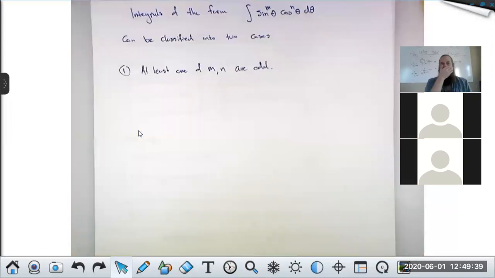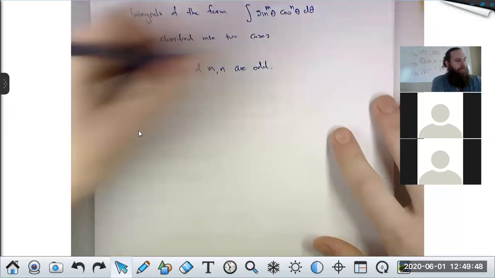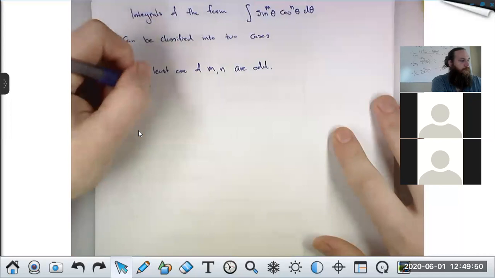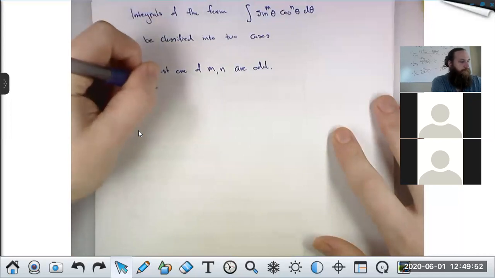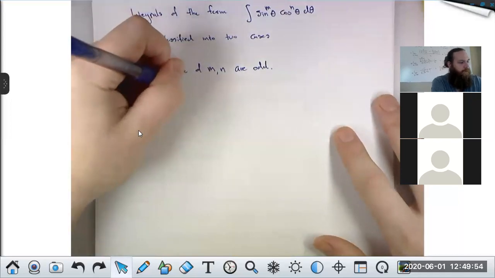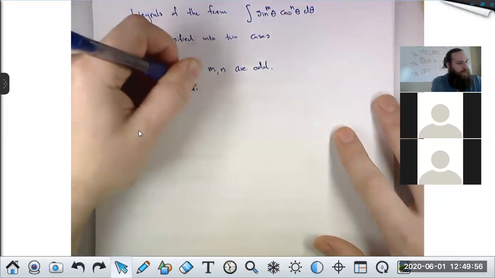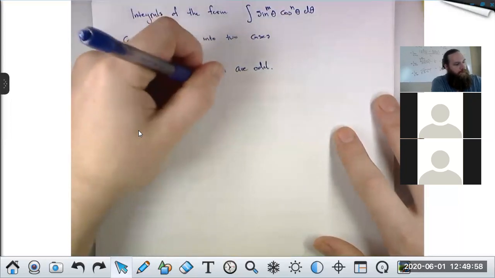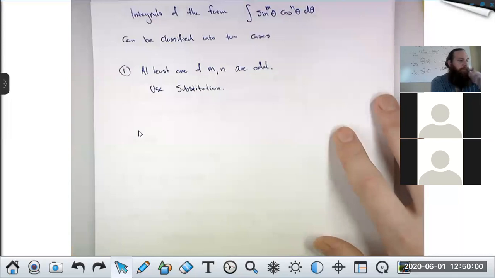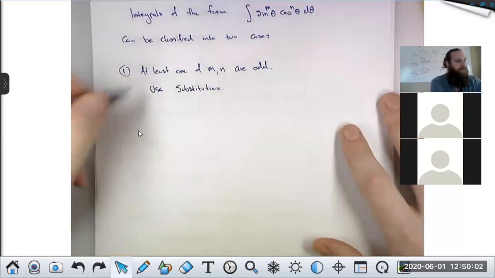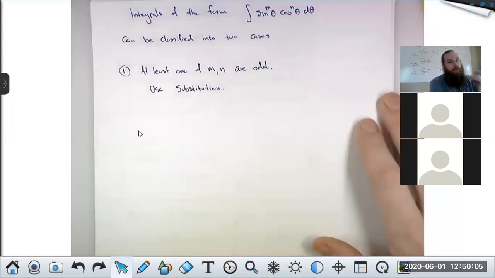If at least one of them is odd, then we're going to make a u substitution. The other case is that neither of them is odd, which means both are even.